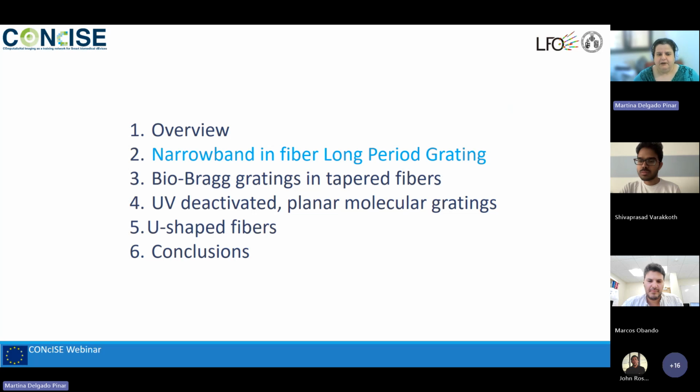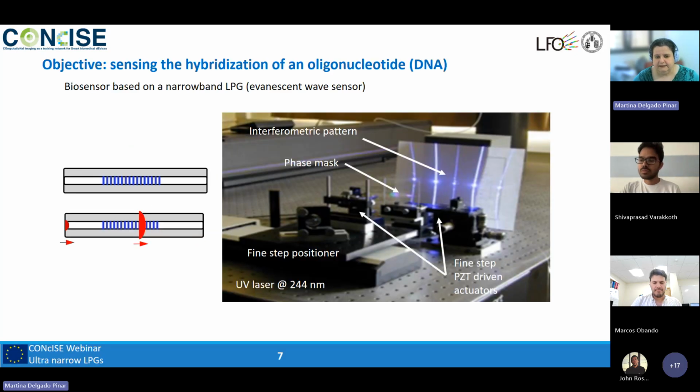So the first example I'm going to show is based on a long period grating, which shows a narrow bandwidth. You might know that a long period grating is a photonic device that couples the light from the core mode of a fiber to one of the cladding modes.